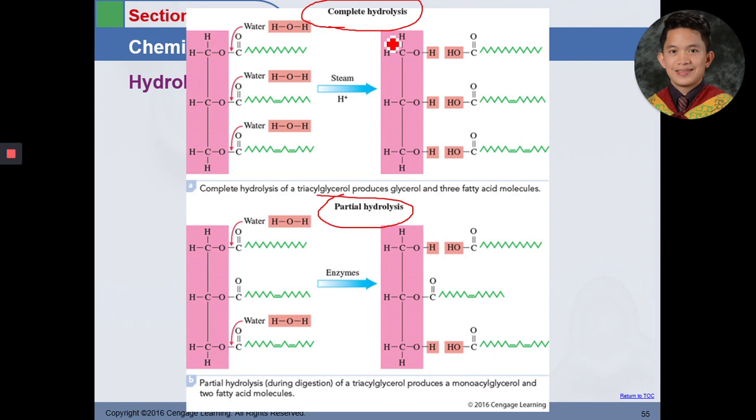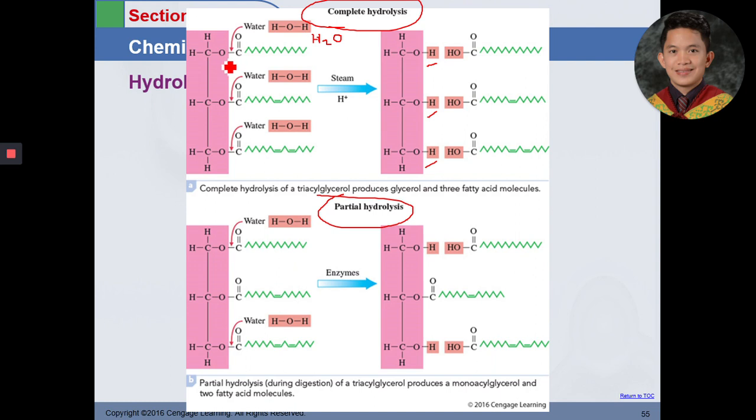As a result, your glycerol would regain its three hydrogens back, whereas your fatty acid chain, specifically the carboxylic acid part, this C double bonded to O and then a single bond to oxygen, would also regain its OH that it originally lost during the esterification process.